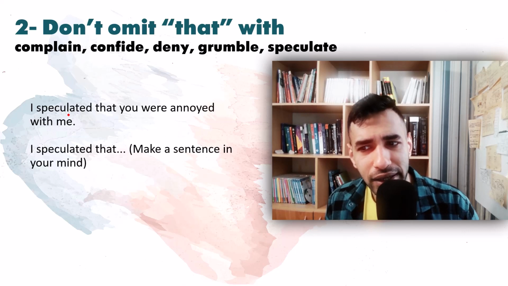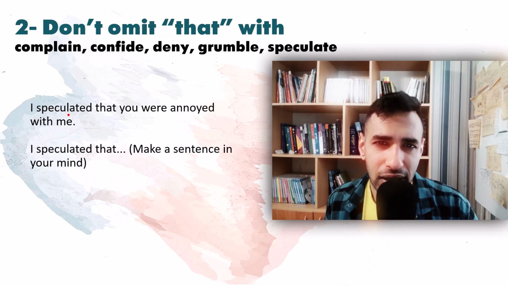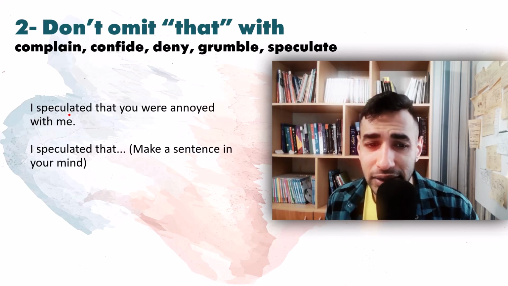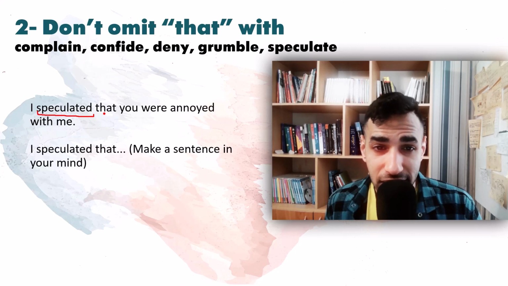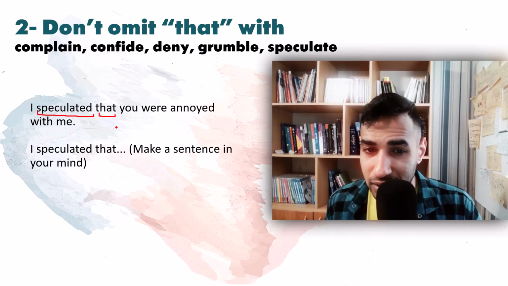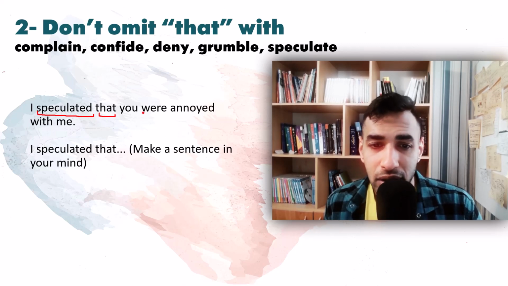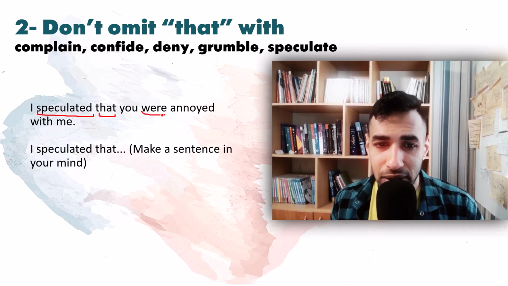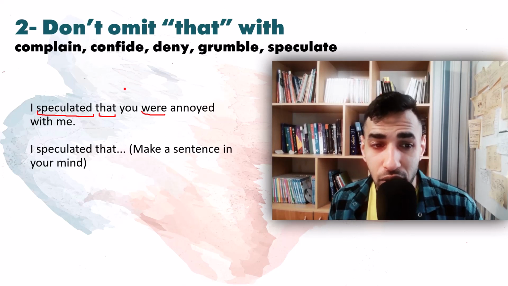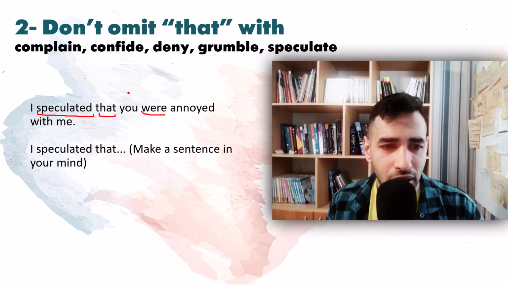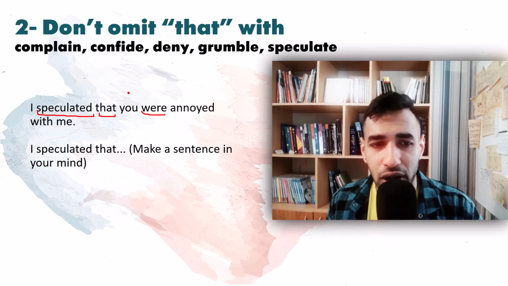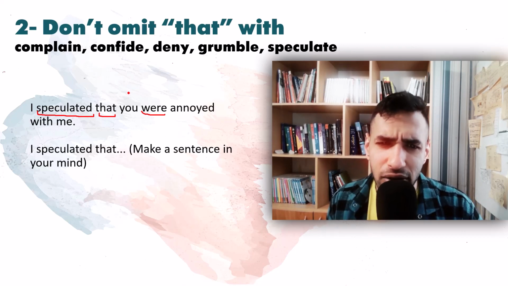Speculate means make a guess, surmise. I made a guess that. Speculate is not a common reporting verb, so you must not omit that after speculate. And you were, so the statement was you are annoyed with me, or I am annoyed with you. And the other one, the audience says, I speculated that you were annoyed with me.